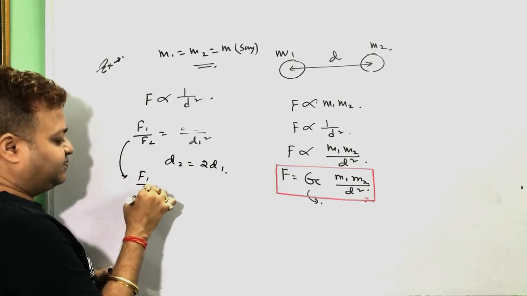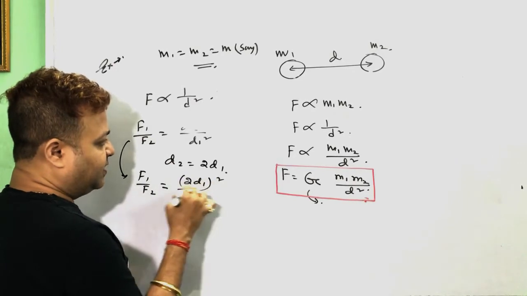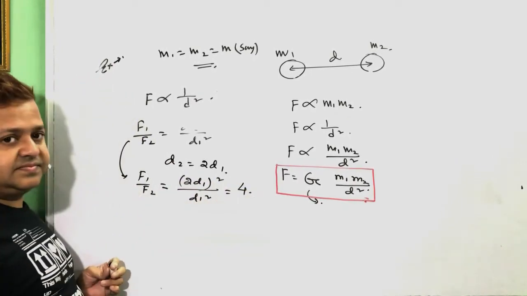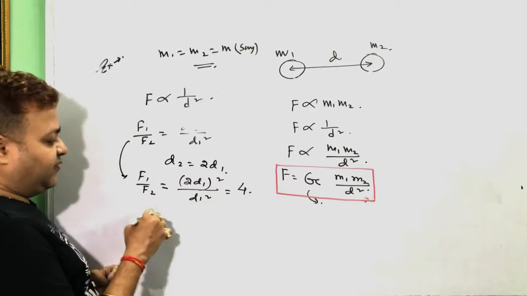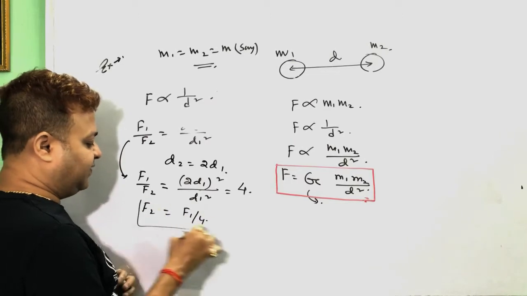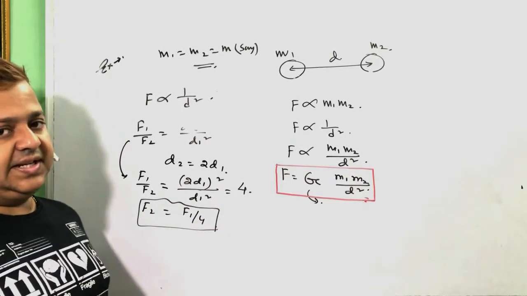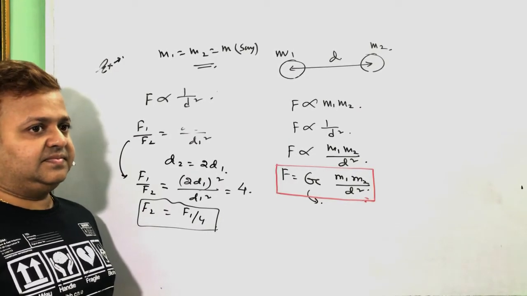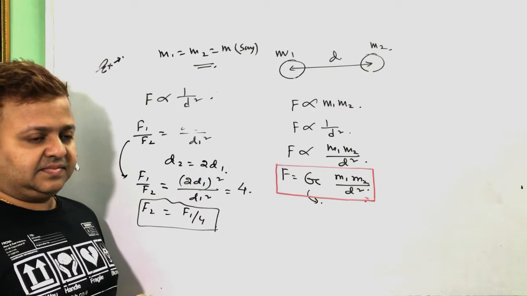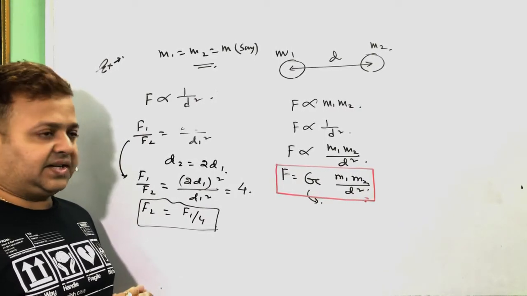F1 by F2 equal to 2 of d1 whole square by d1 square, that is 4. So the force becomes 1/4 of the initial value.